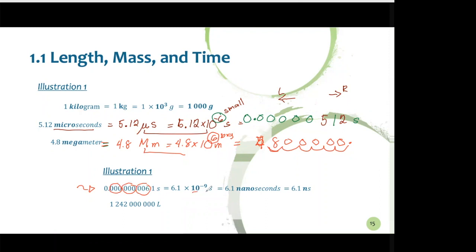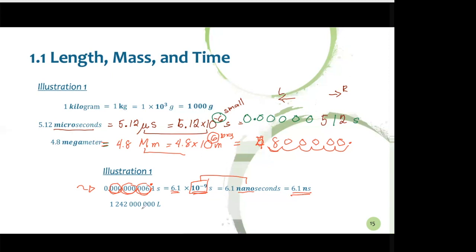So you have 9 numbers, so you move the decimal point 3, 3, and 3. So you have 6.1 times 10 to the -9. You use -9 because that means nano, and then you have this answer, nanoseconds.